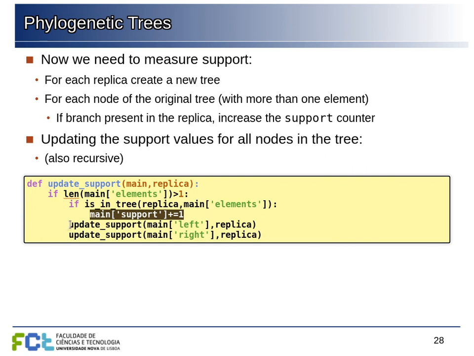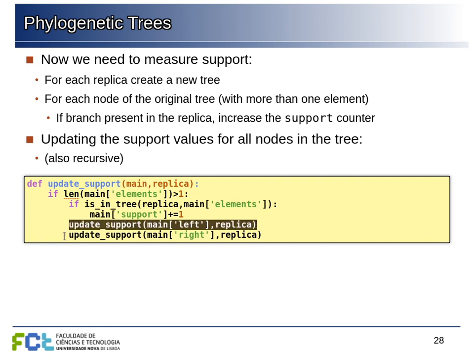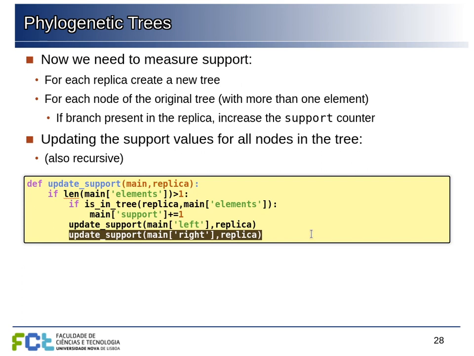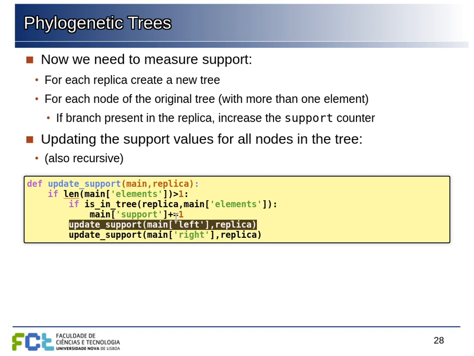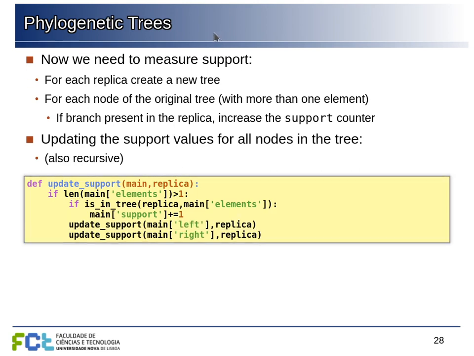And then we're going to do the same thing for the 2 subtrees. So we start at the top of the tree, and we repeat for each branch of this particular tree, and each branch will be a smaller tree, and we go down along the tree until we reach the leaves.